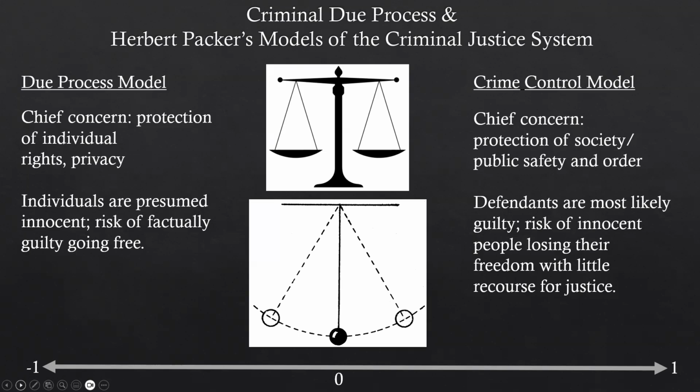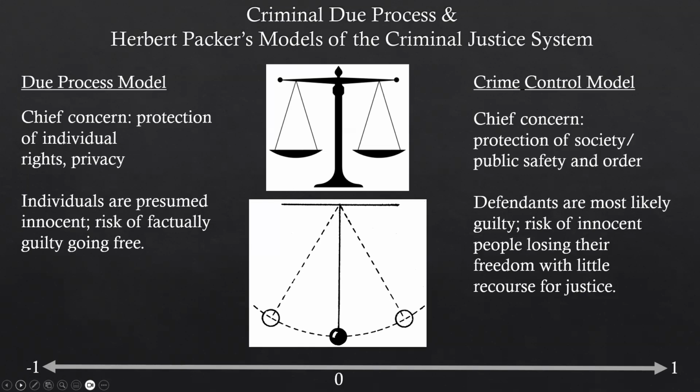So in that model, you would not have a lot of obstacles. We would allow the criminal process to go very streamlined, and assume that the police have arrested someone because they know that person's guilty. The person being prosecuted who is found guilty is most likely factually guilty. And so it's sort of the flip side of the due process model.